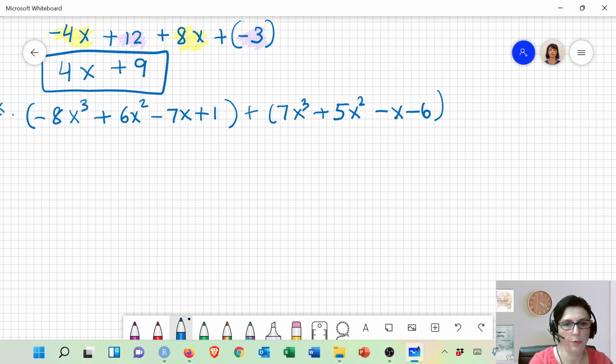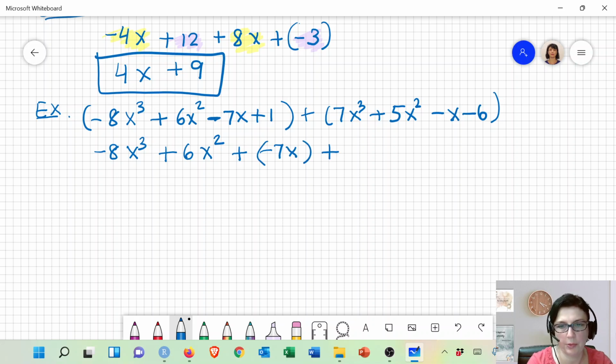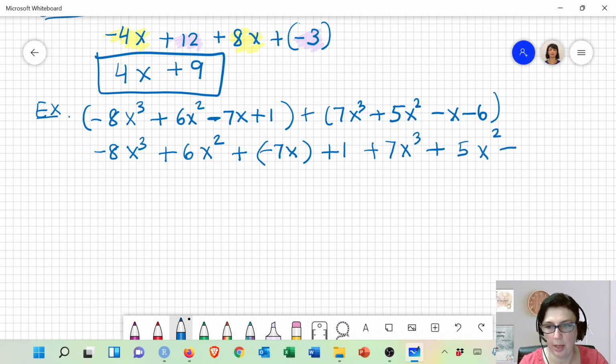Okay, so first get rid of all subtractions, make them plus minuses. Okay, so here we have negative 8x cubed plus 6x squared. There is your subtraction, so let's change it to a plus minus. Okay, plus 1 plus 7x cubed plus 5x squared plus minus x.